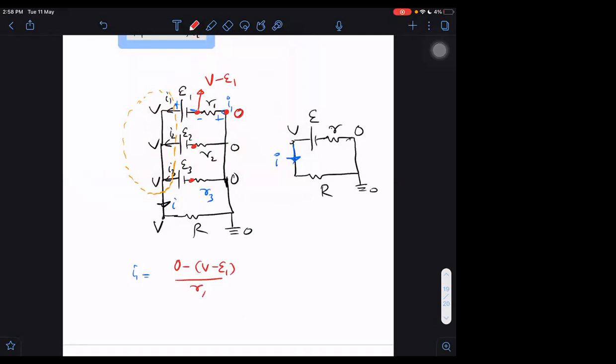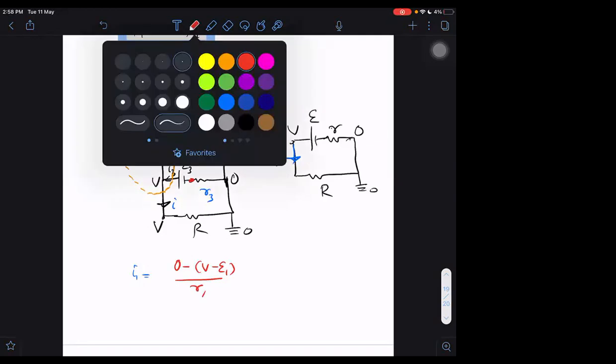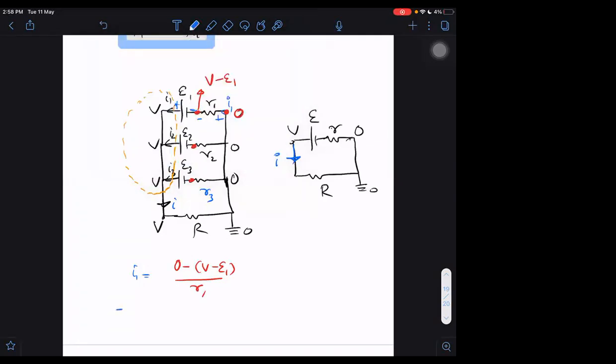If I know what is I1, can I not just put sigma and get the general result? Sure.